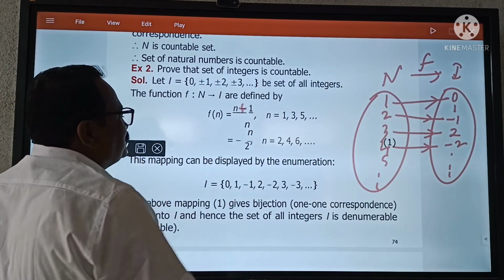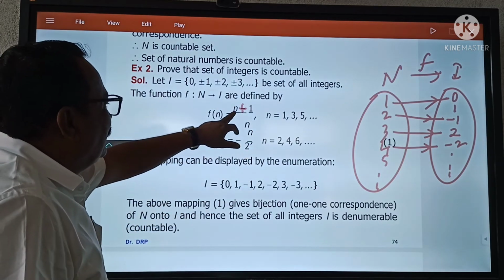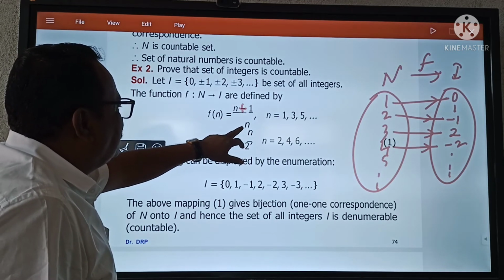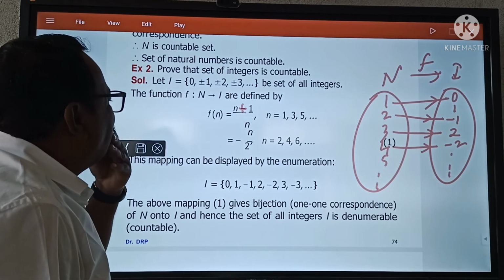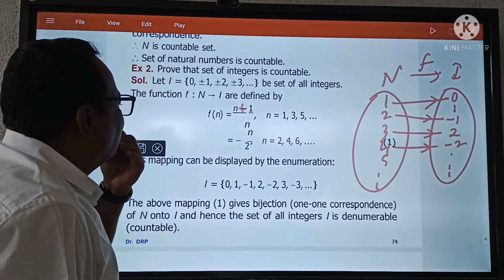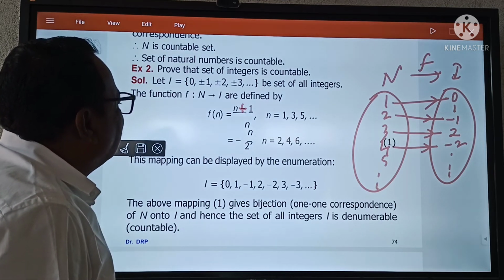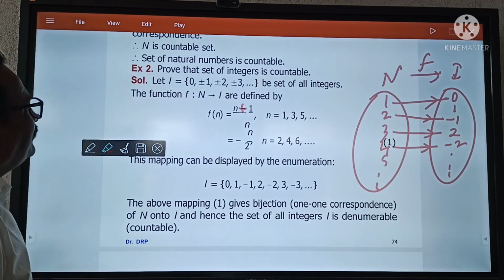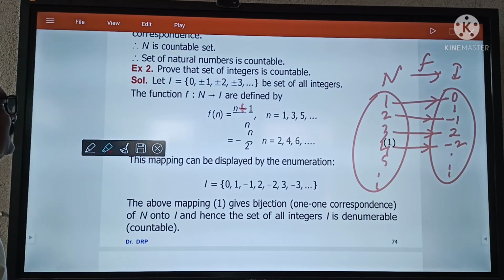For n is 3, we get 4 divided by 3, and this is also not correct. So this is not correct.